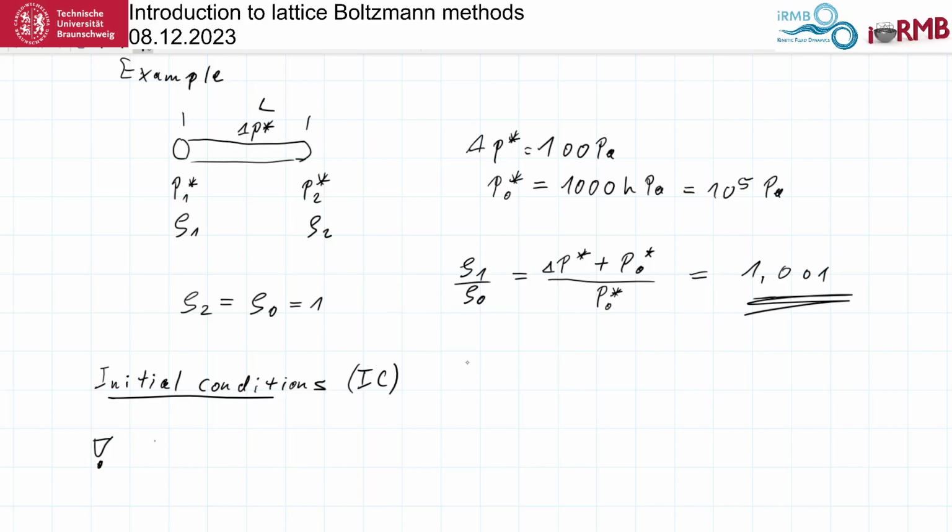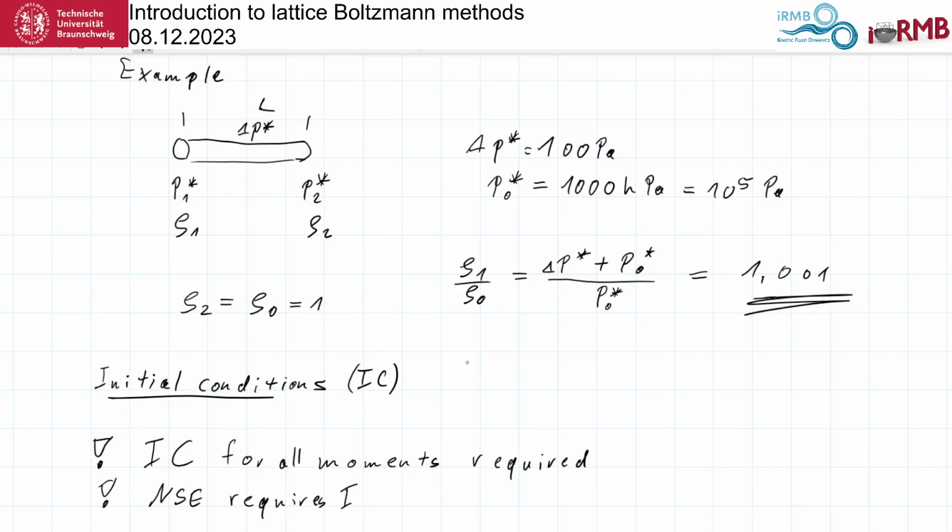It is important to understand that we need initial conditions for all moments, because all moments are degrees of freedom of our system, right? The Navier-Stokes equation only requires initial conditions on the velocity and the pressure field.